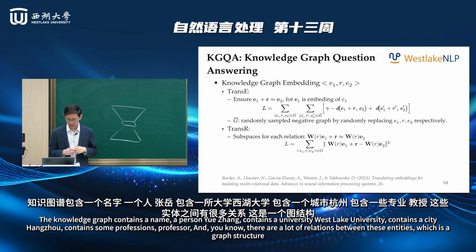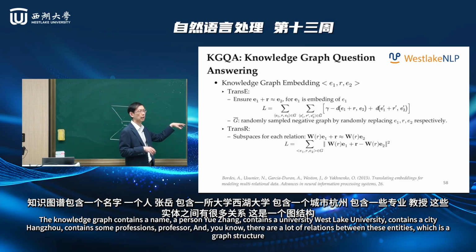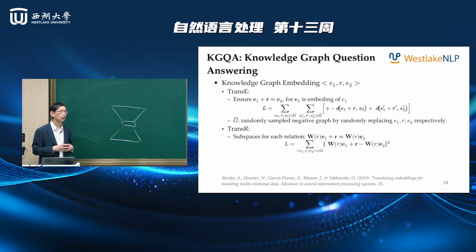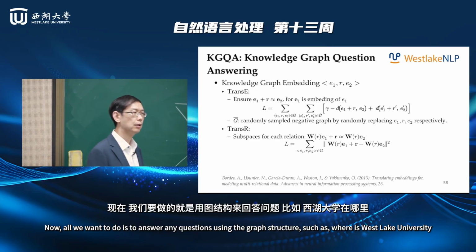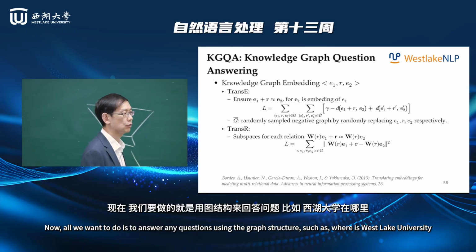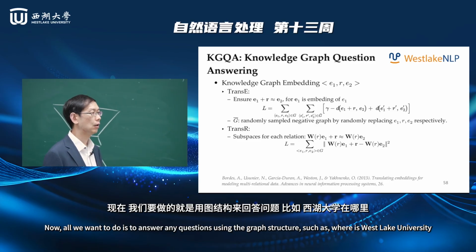The knowledge graph contains a person, Yue Zhang, a university, Westlake University, a city, Hangzhou, and some professions, professor. And there are a lot of relations between these entities, which is a graph structure. Now, all we want to do is to answer any questions using the graph structure, such as, where is Westlake University?